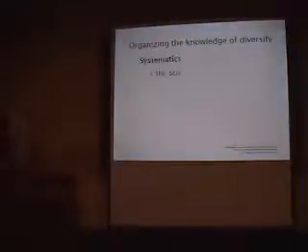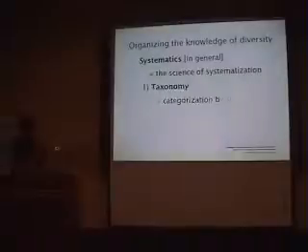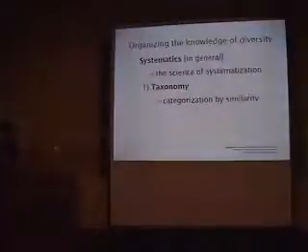But in this case, we must consider some fundamental problems. That is, how to organize narrative biodiversity. In this case, we have a general science which is called systematics. Systematics, in general, is a science of systematization. But we have two different kinds of criteria for describing biodiversity, because there is the science of taxonomy.